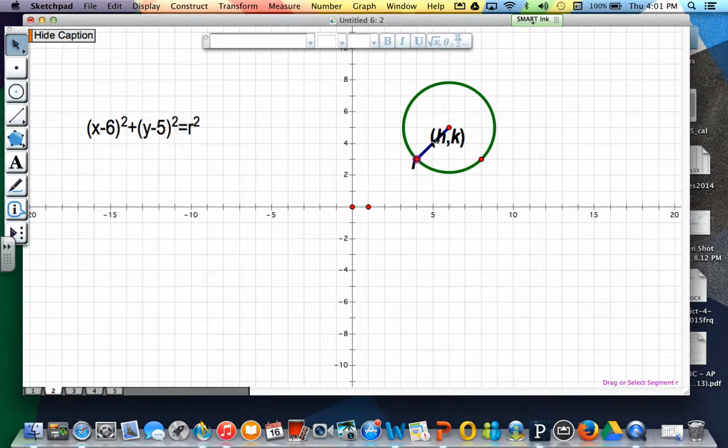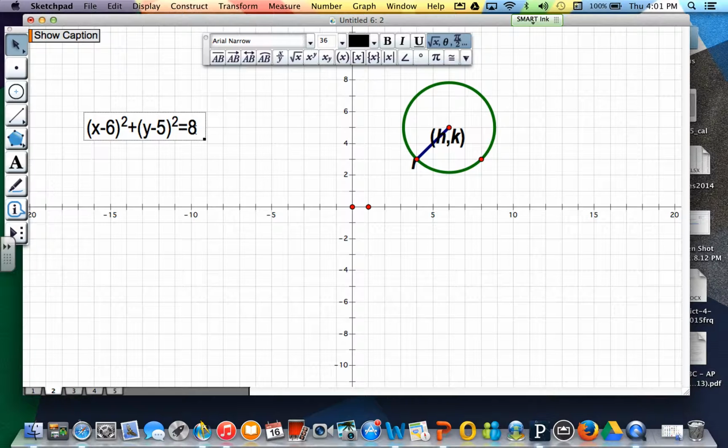Well, if I square that, because I have r squared, well, that 2 square root of 2 squared is 2 squared times 2, which is 4 times 2 is 8. So that's going to be 8.